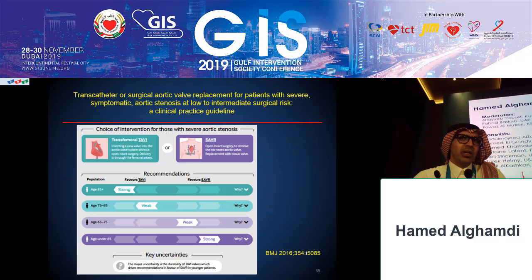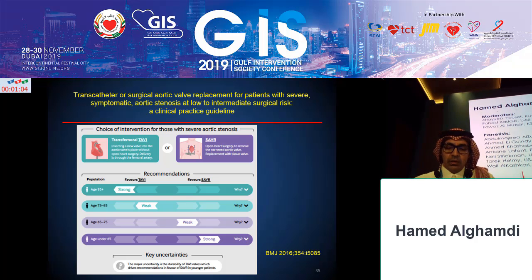Moving on, we don't have any guidelines, nothing updated recently, but there is a group that produced a clinical practice guideline, and because of the uncertainty when it comes to durability of the valve, they strongly recommended surgery in patients younger than the age of 65, and a weak recommendation for surgery over TAVI in patients between the ages of 65 and 75.